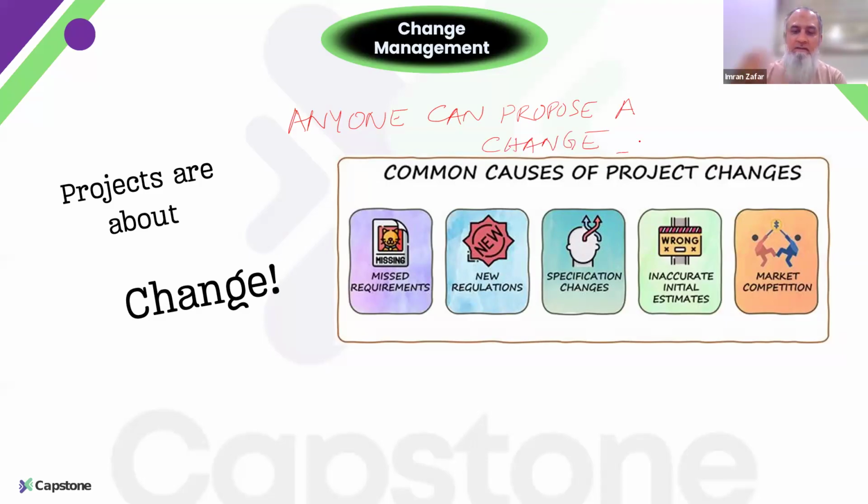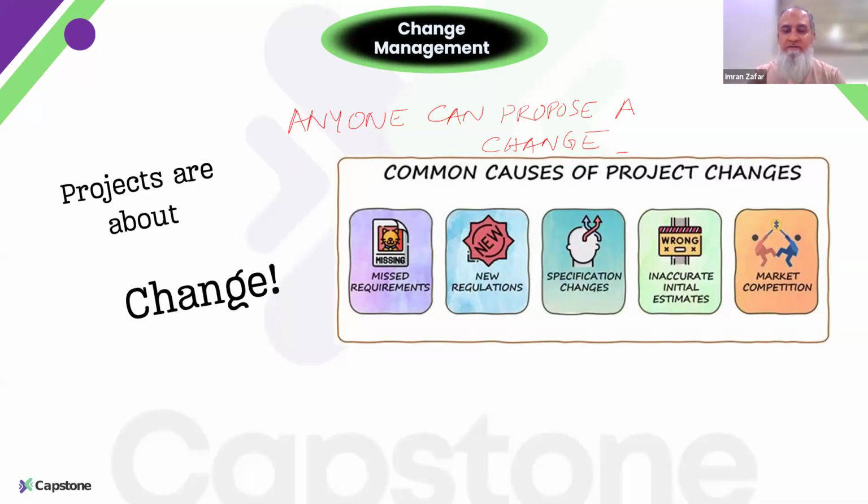So changes can come for multiple reasons. Can be any requirement that you missed earlier, any new regulation that comes in, maybe some specification related changes. Your estimates might not have been correct initially, and there may be some other environmental factors that can require some changes to be done.